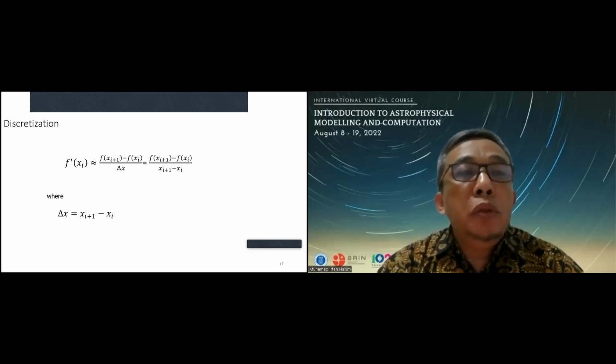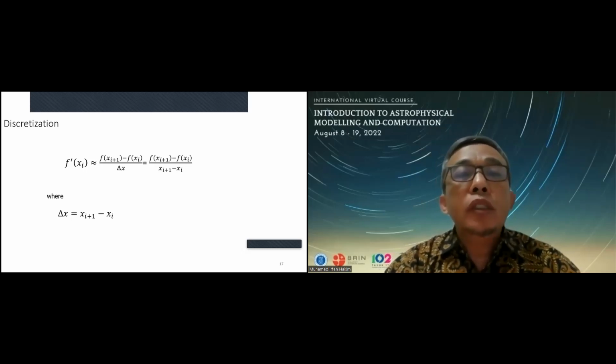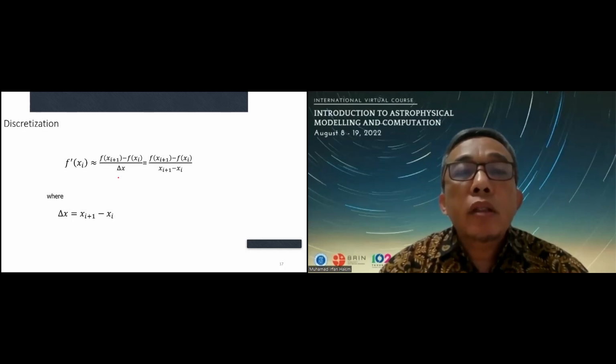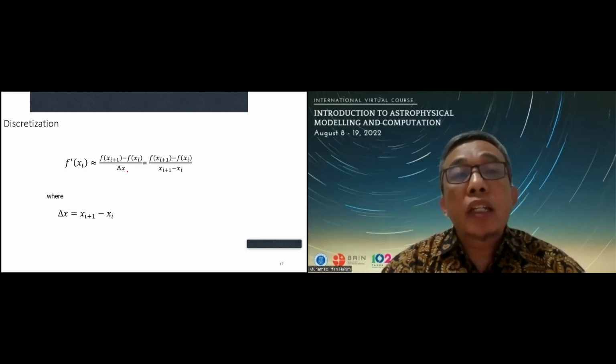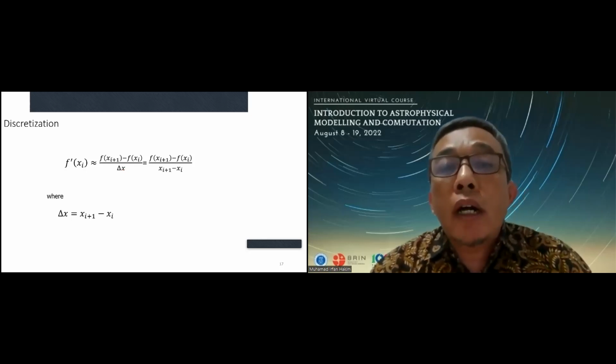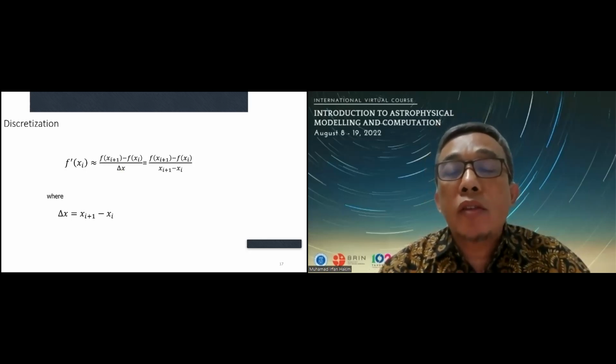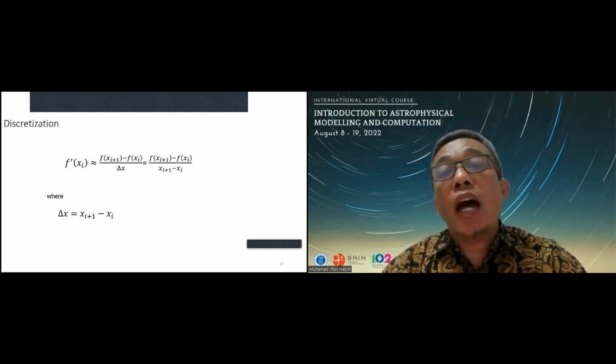Now we have to do discretization, by applying delta x as x_{i+1} minus x_i.